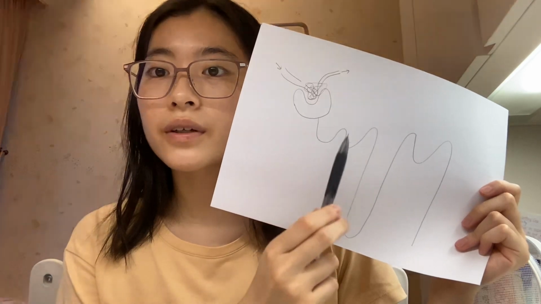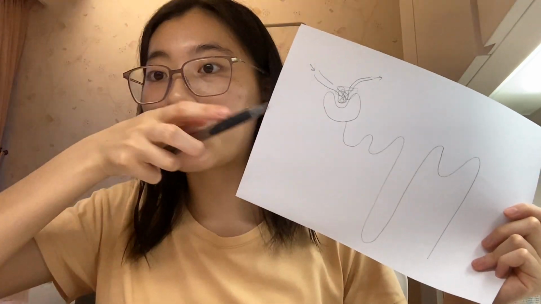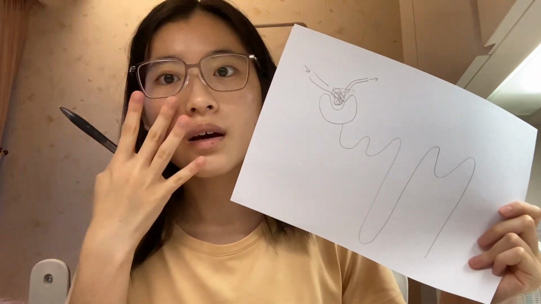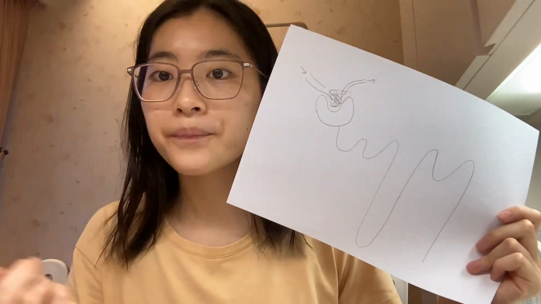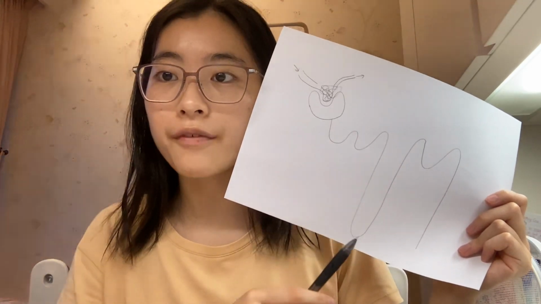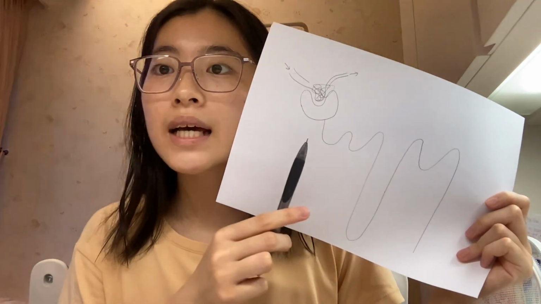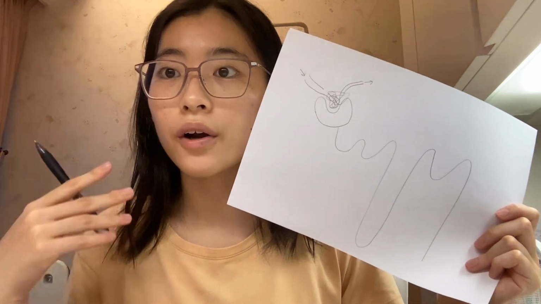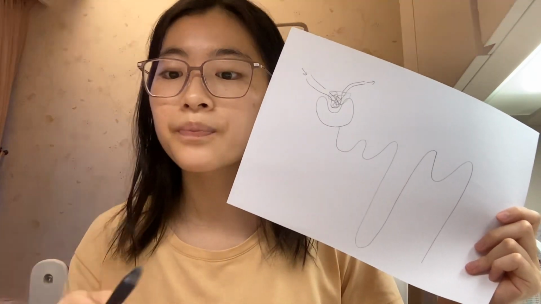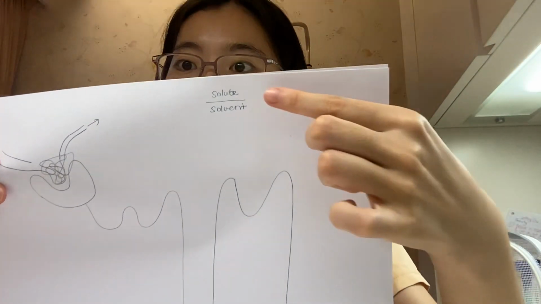And then after here, we'll go to the main site for the reabsorption of water. So it will mainly happen in the loop of Henle. Since the glucose and the amino acids are reabsorbed, they are solutes, as I mentioned. And you know that the concentration of the solute can be calculated by having the amount of solute divided by the amount of solvent. Solute over solvent.